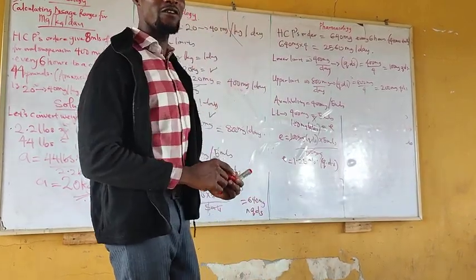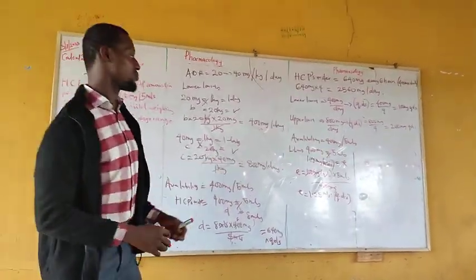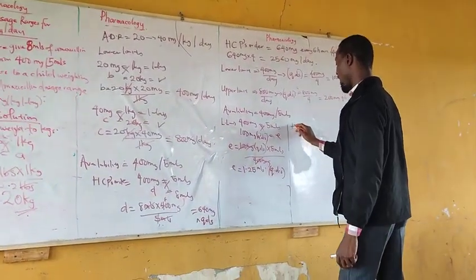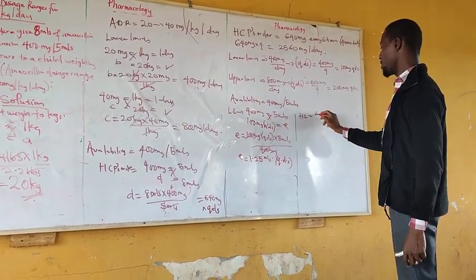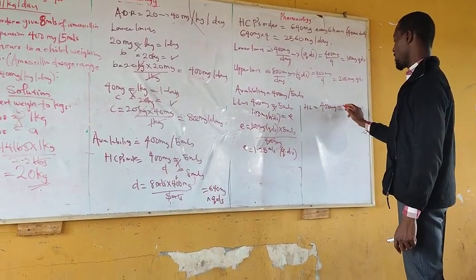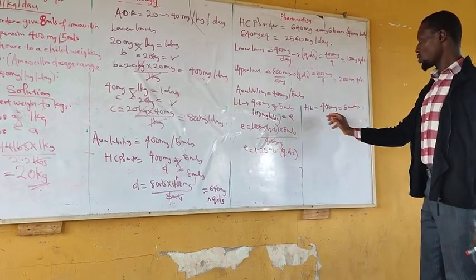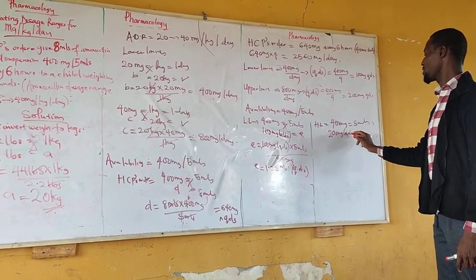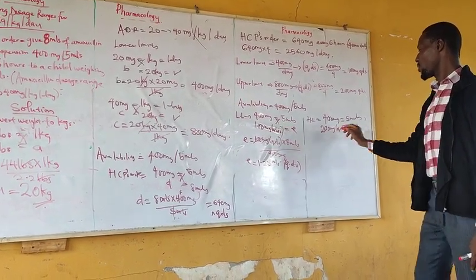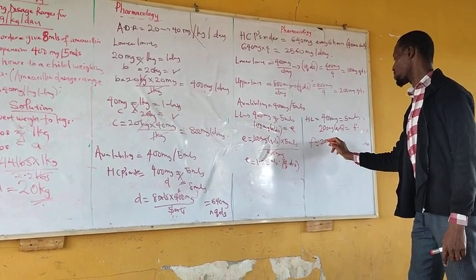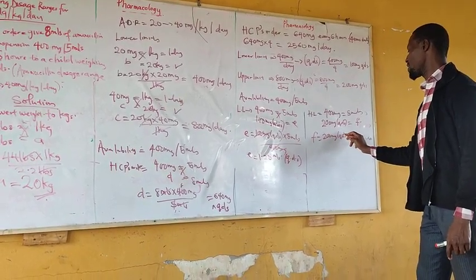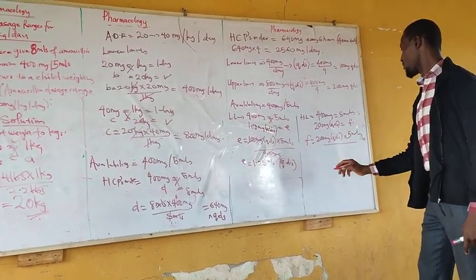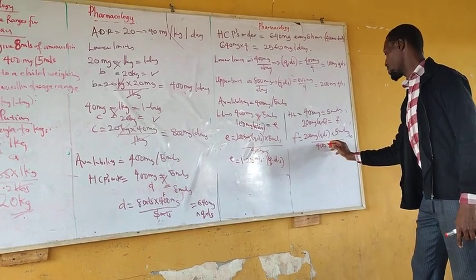Do you understand this? So that means for my higher limit, we'll have what? The standard is what? 400 milligram in 5 mls. So our 200 milligram QDS will be F. So F will be 200 milligram QDS times 5 mls over 400 milligram.